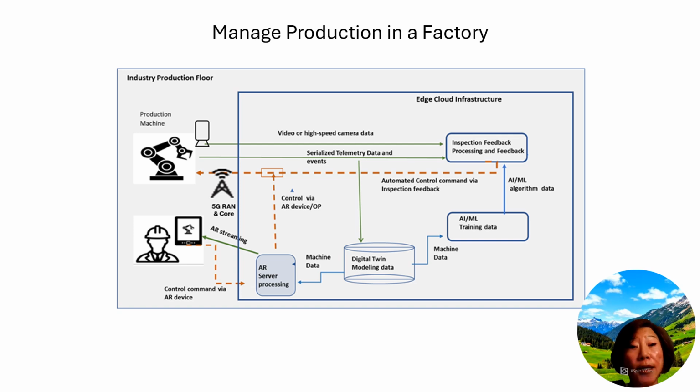So there's a bit of a challenging or interesting point about this use case. Let's take a look at an edge computing use case, one of the examples. Digital twin-based production quality maintenance. You can see here, this is an example of how you would manage production in a factory using the digital twinning technology.